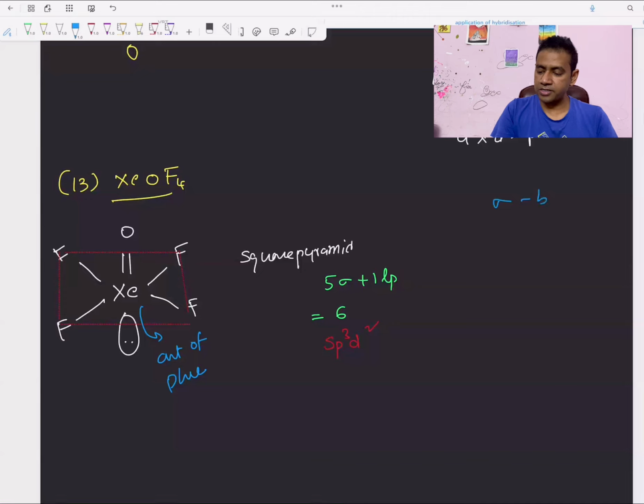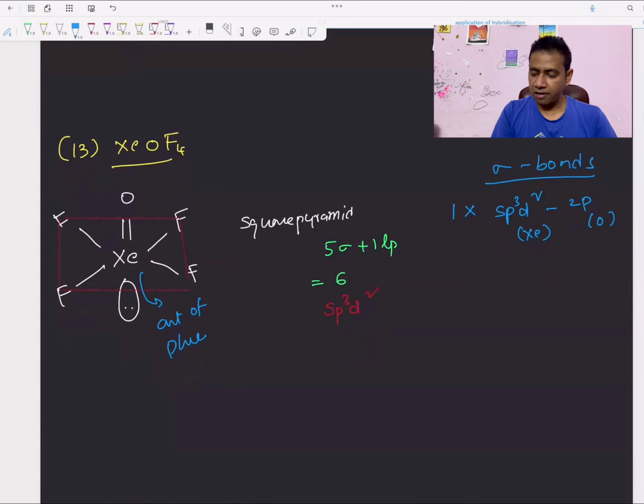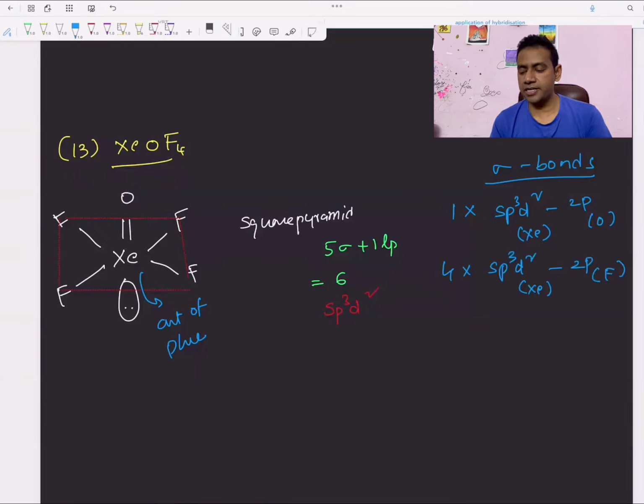We got sigma bonds, and how many sigma bonds? There are different varieties of sigma bonds. One sigma bond is formed from sp3d2 hybrid orbital of xenon overlapping with 2p atomic orbital of oxygen, and we have 4 more sigma bonds formed from sp3d2 hybrid orbital of xenon, each sp3d2 overlapping with 2p atomic orbital of fluorine, and one sp3d2 contains the lone pair.